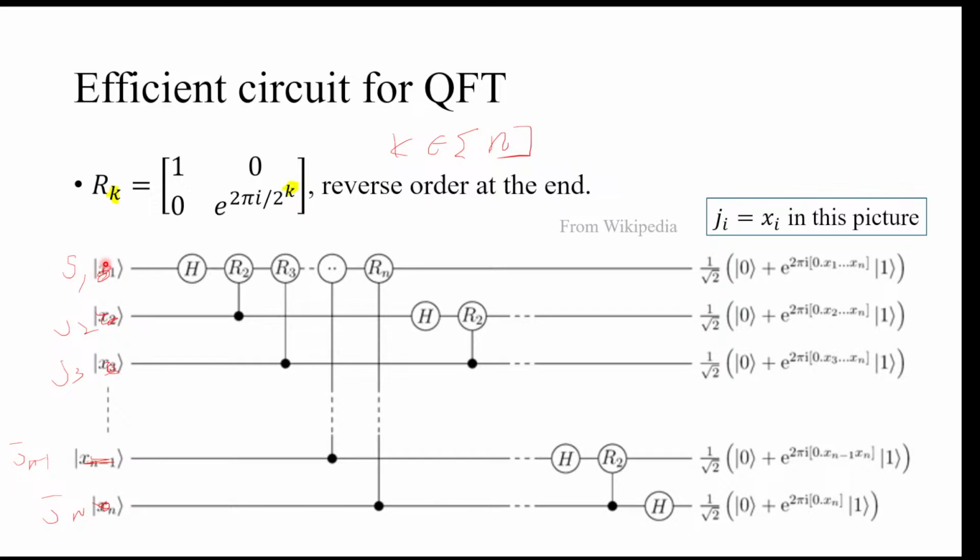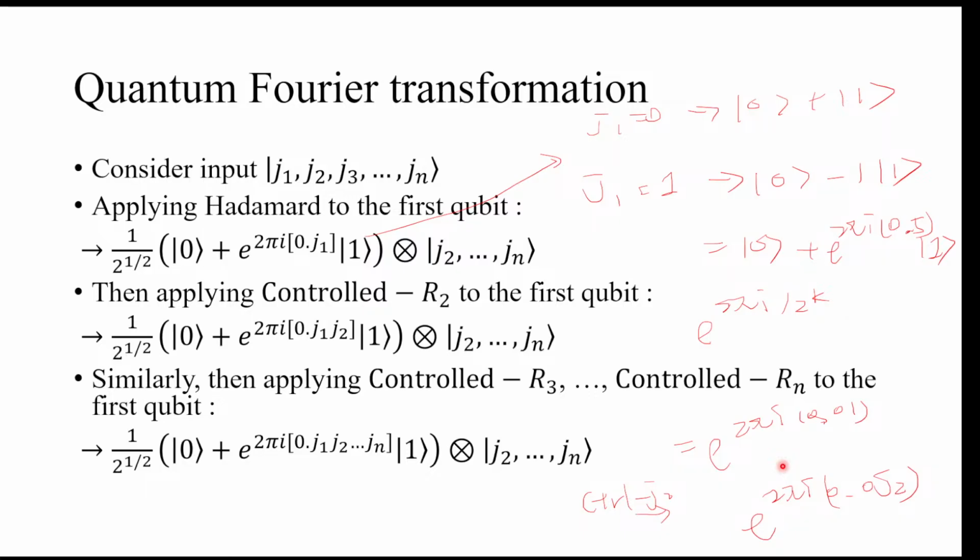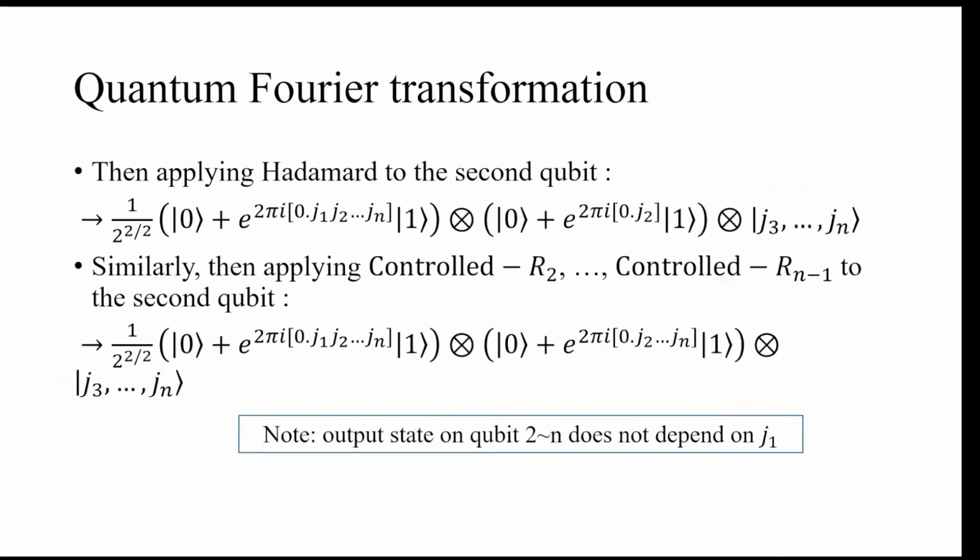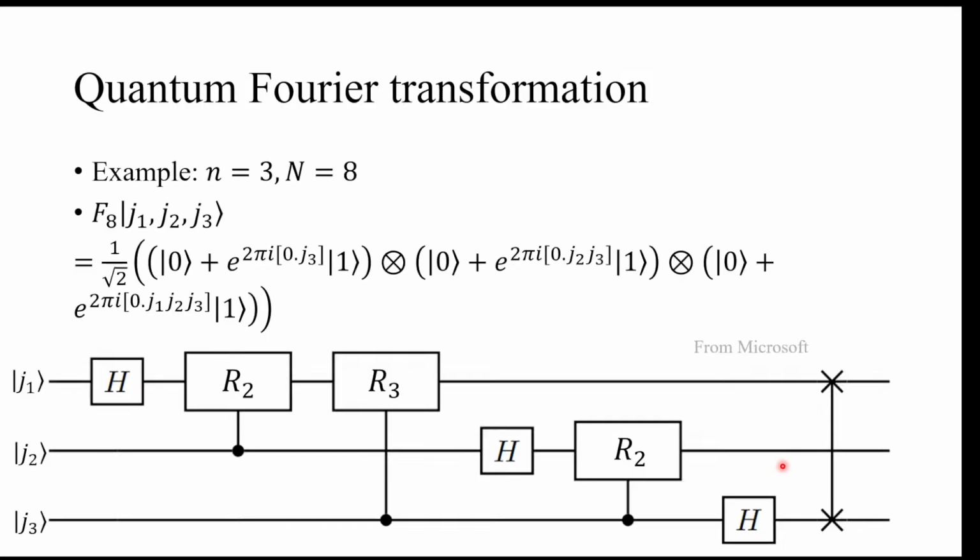You turn the j1 qubit to this state, and then nothing else depends on j1, so you can turn the j2 qubit to this thing, and so on, all the way to turning the jn qubit to this thing. This works, and it's our efficient circuit to do the quantum Fourier transform.